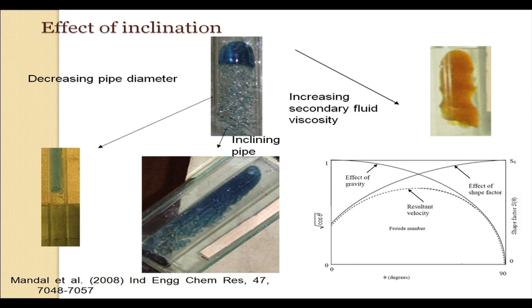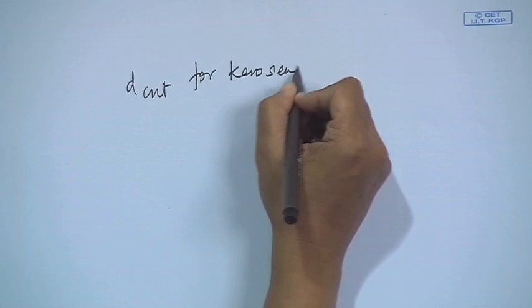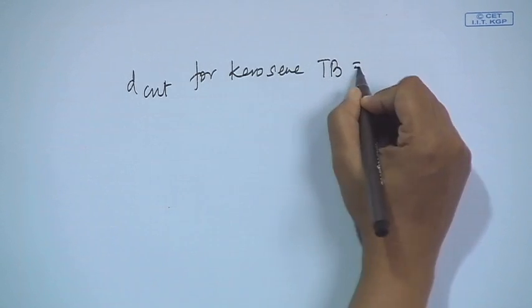For our case of kerosene bubbles in water, we find that no stable Taylor bubbles are formed for tube diameters greater than 0.0461 meters. So the D critical for kerosene Taylor bubble from our experiments was 0.0461 meters.